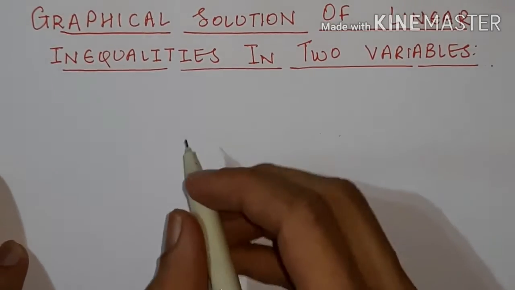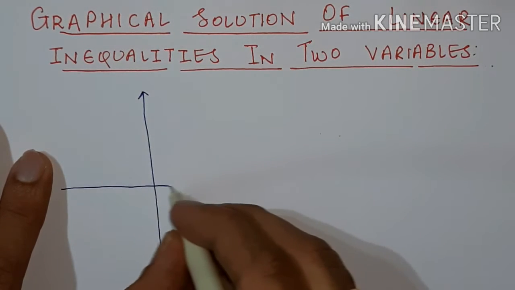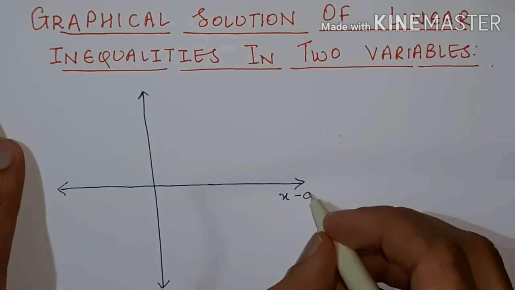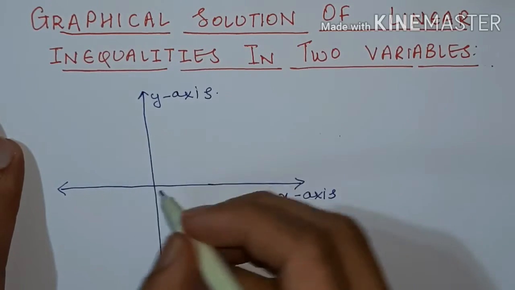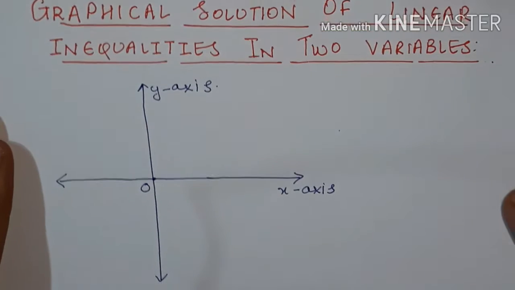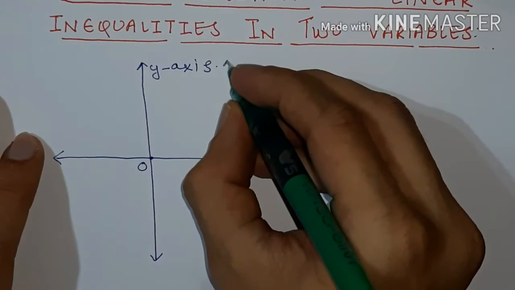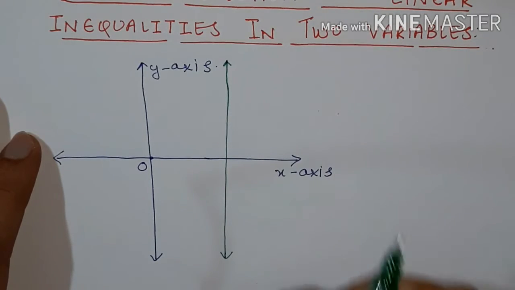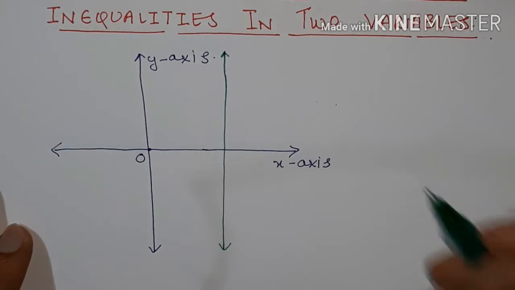Suppose you look at the coordinate axis. These are the coordinate axis. This is the x axis, this is the y axis, and this here is the origin O. Now suppose you consider a line on this coordinate axis, a vertical line, that is a line perpendicular to the x axis.